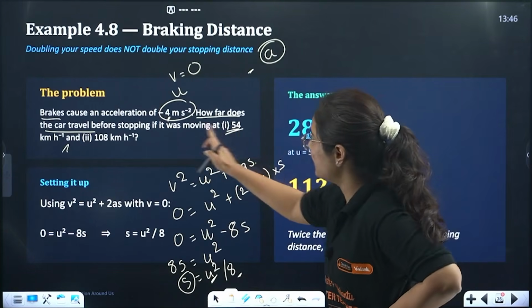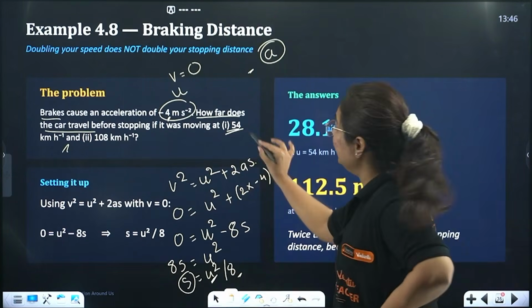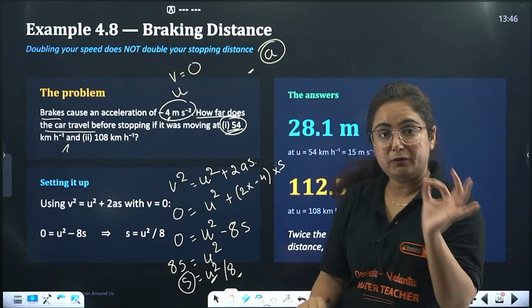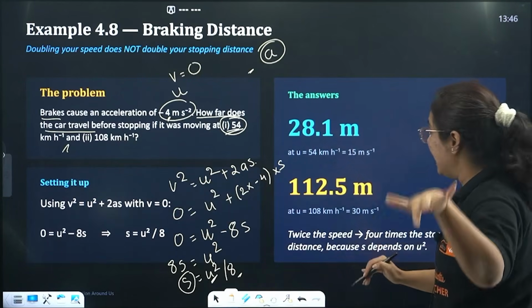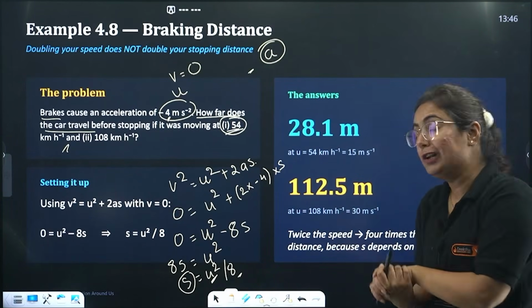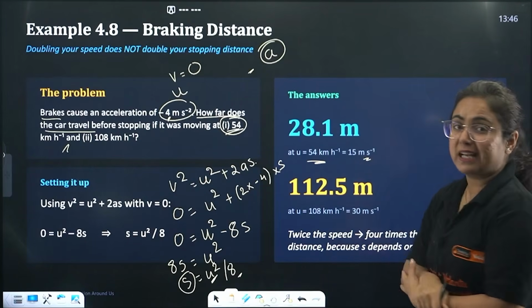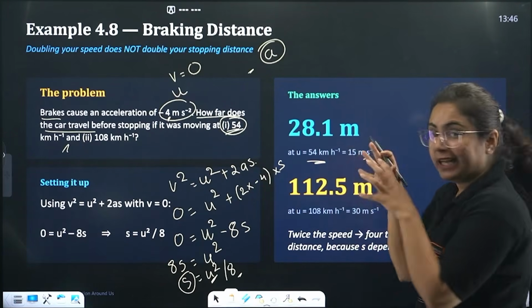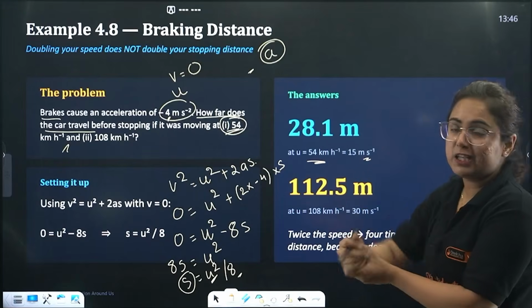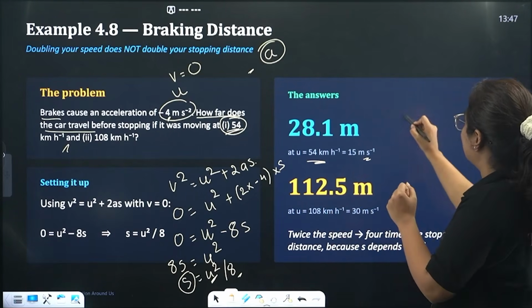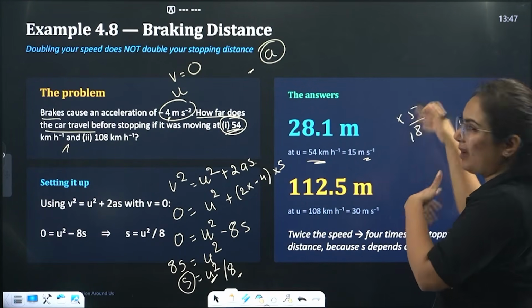u is given to us in two cases, when the initial velocity was 54 km per hour, but it is in kilometer per hour, and hence we need to convert it into meter per second. Whenever the data is given to you in kilometer per hour, you need to convert it into meter per second, just multiply it by 5/18 and vice versa.